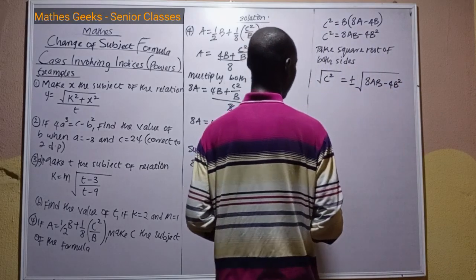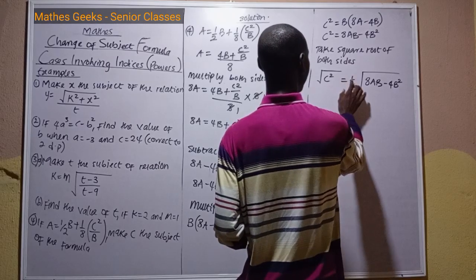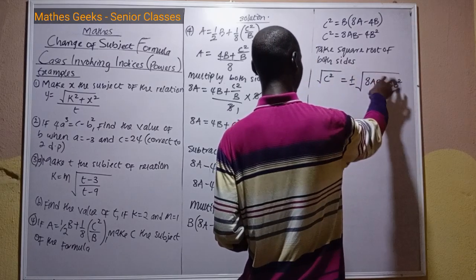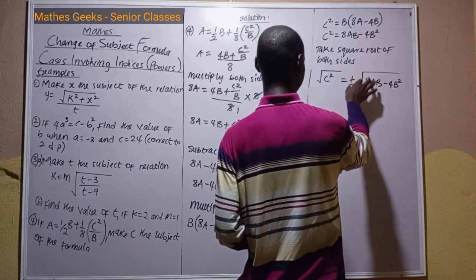It is plus or minus because once you take the square root of both sides, the square root of any number is going to be either positive or negative.